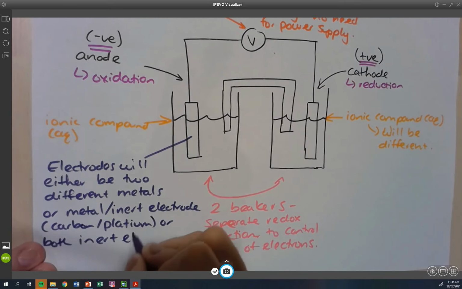You have to remember that everything is a circuit, and so I need this salt bridge to complete this circuit. If my electrons are going this way all the way around, I would expect my negative ions to be coming down here to finish that circuit, because we need some sort of mobile charged particles. It doesn't need to be electrons, it could just be ions.